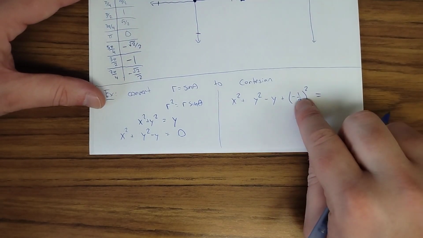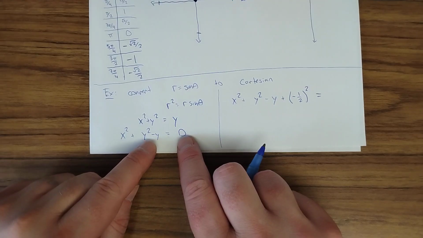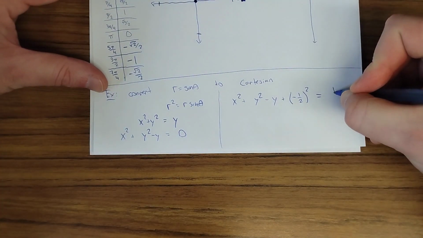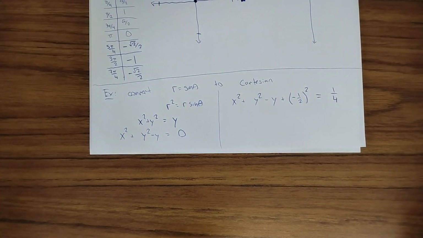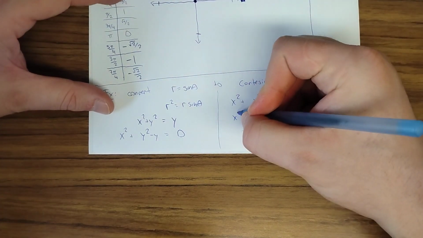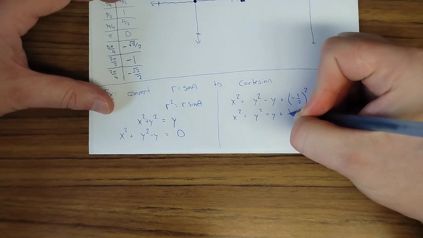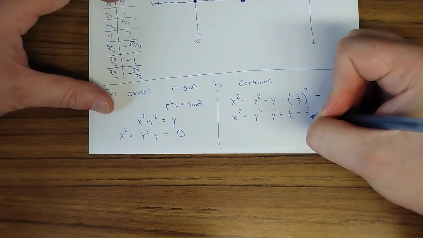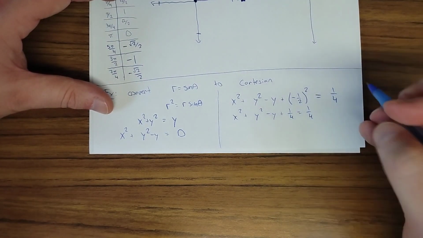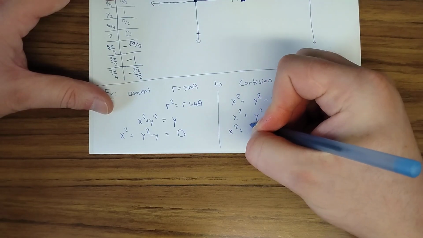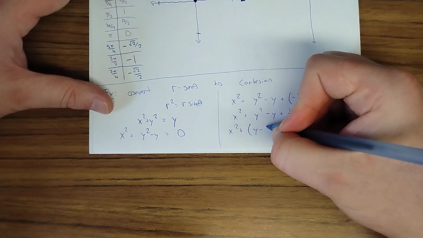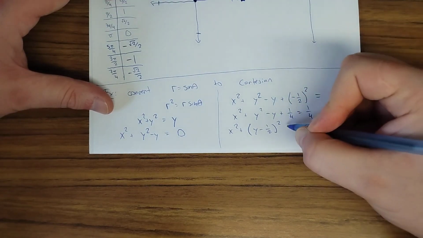And I can't just do that unless I do it to both sides. So I just added 1/4 to both sides. Okay, I'm going too slow probably. But this is a perfect square now. In particular, this is y minus 1/2 squared.